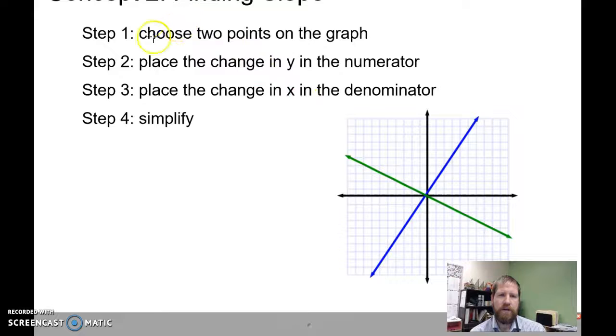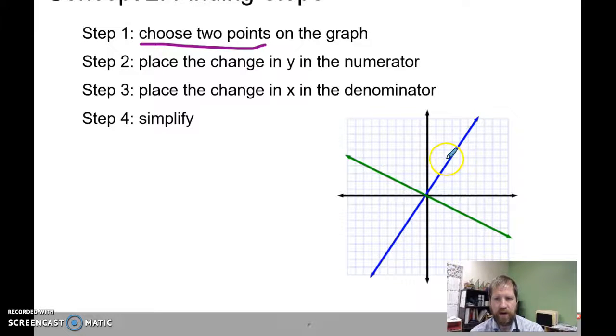So you're going to have to choose 2 points, and those can be anywhere on your line, but the easiest ones to pick are the ones that line up right over a vertex, because some of our line doesn't go right through specific points.